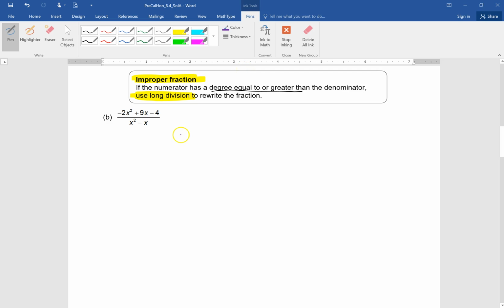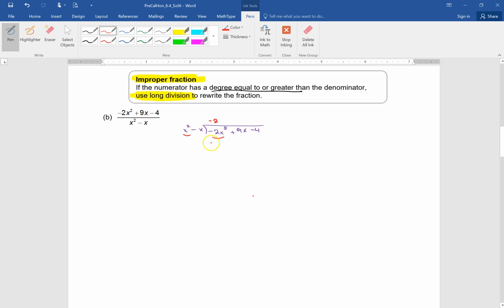Okay, so here we have x squared minus x as the divisor, and we have negative 2x squared plus 9x minus 4 here. Okay, that's the dividend. So negative 2x squared over x squared, we get negative 2.